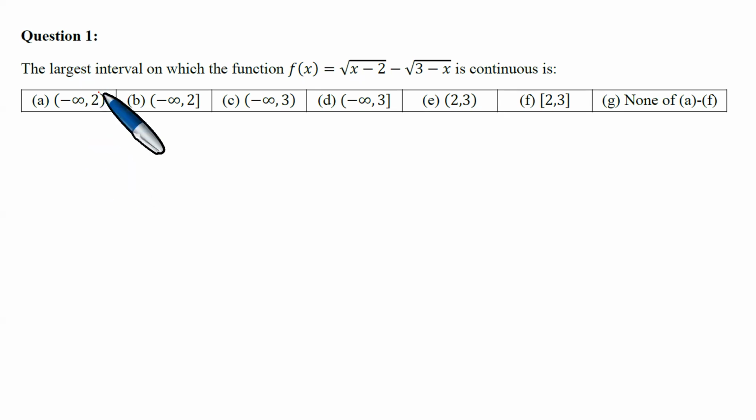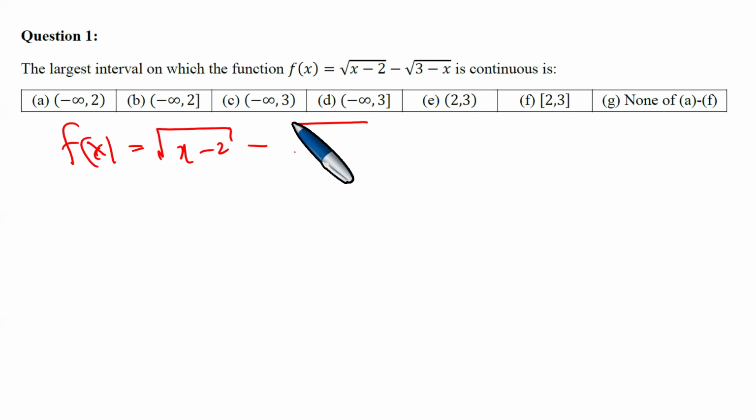So, the largest interval on which the function f of x equals the square root of x minus 2, minus the square root of 3 minus x, is continuous.